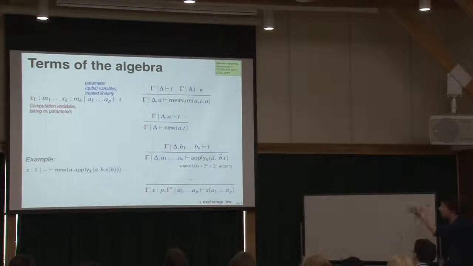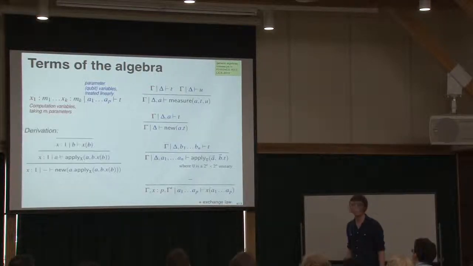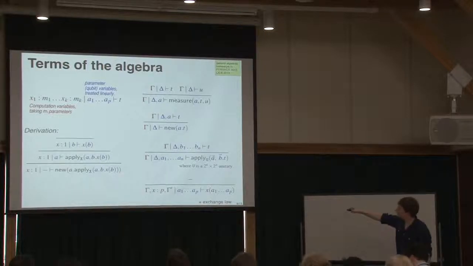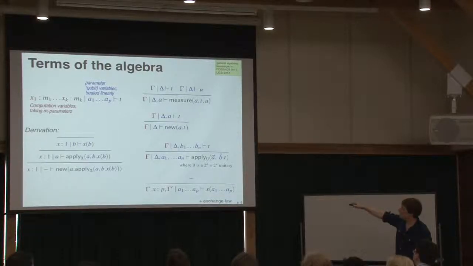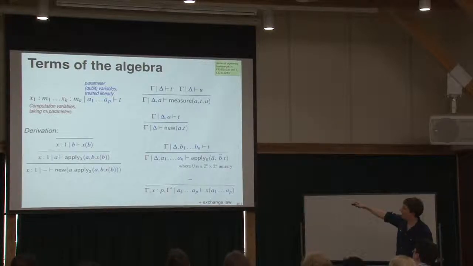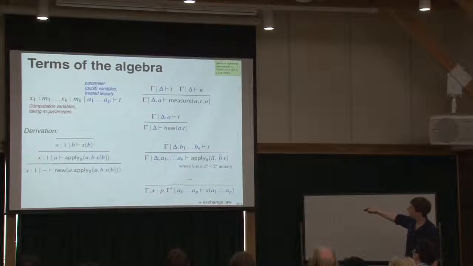And to just show how these typing rules work, if you've not seen type theory before, we can derive the well-formedness of this term from the axioms. So first of all, this is a new at the outside, so we put the A into the context, then we check that apply x, A, B, x, B is okay. Well, we do that by checking that x, B is okay, and that's the variable.